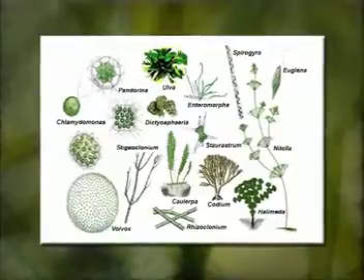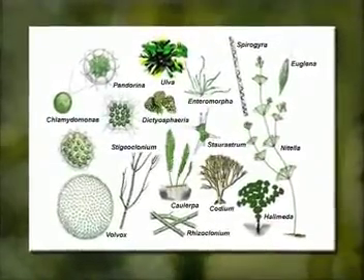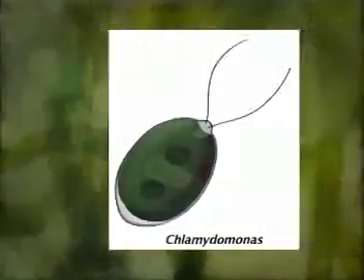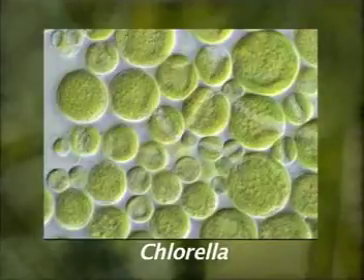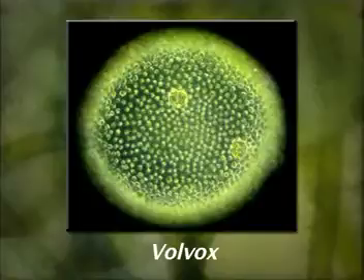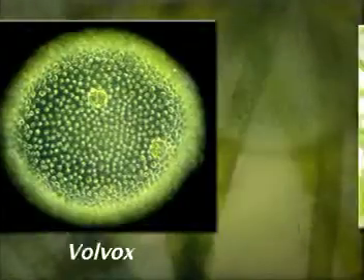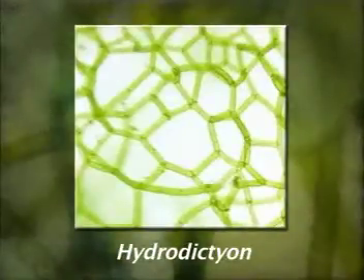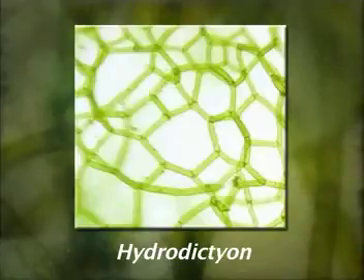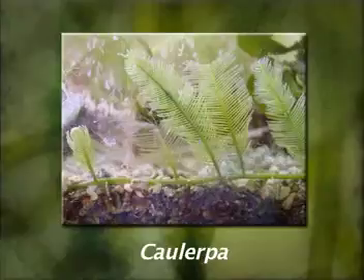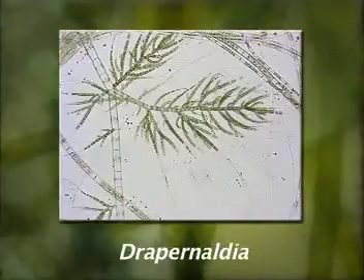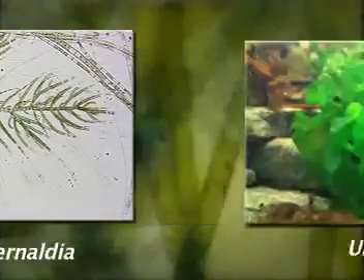The thallus range in green algae is very diverse, ranging from unicellular flagellate forms, for example Chlamydomonas, unicellular non-flagellate forms, for example Chlorella, flagellate colonies, for example Volvox, non-flagellate colonies as represented by Hydrodictyon, coenocytic and siphonaceous forms, for example Caulerpa, heterotrichous forms, for example Draparnaldia, to parenchymatous forms, for example Ulva.